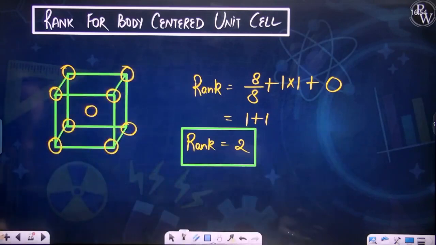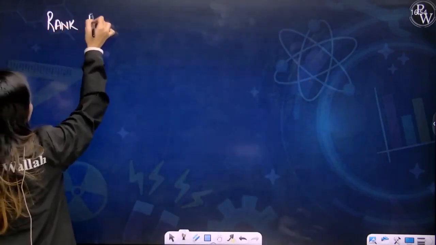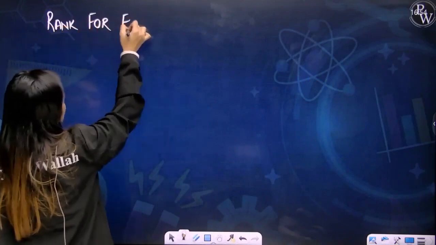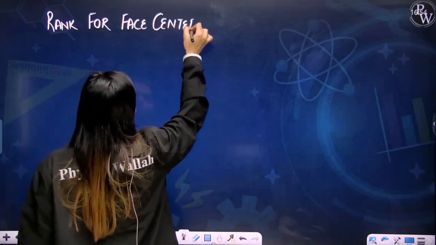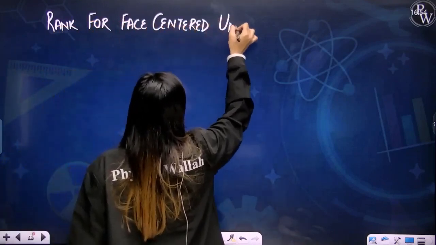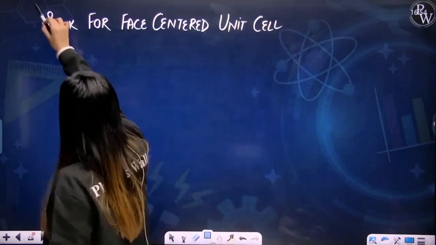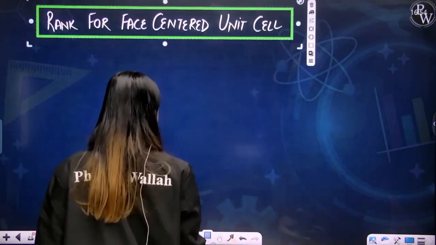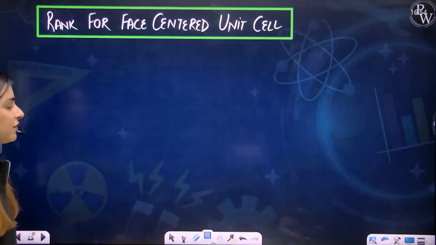Now let's move forward. Let's calculate the rank for a face centered unit cell. If you calculate the rank for a face-centered unit cell, you'll need to draw the face-centered unit cell.